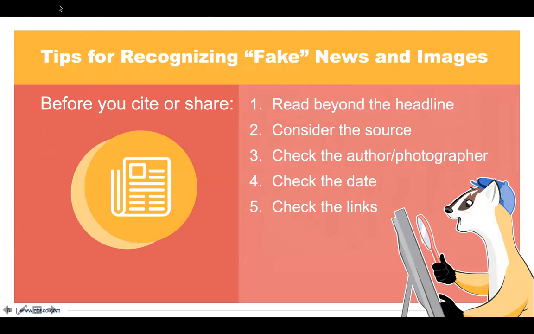So in finding fake news, there are certain steps that you can go through to create the skills that you need. So before you use any piece of information or share it to anybody, it's really important to go through these checklists to make sure that everything is good to use.